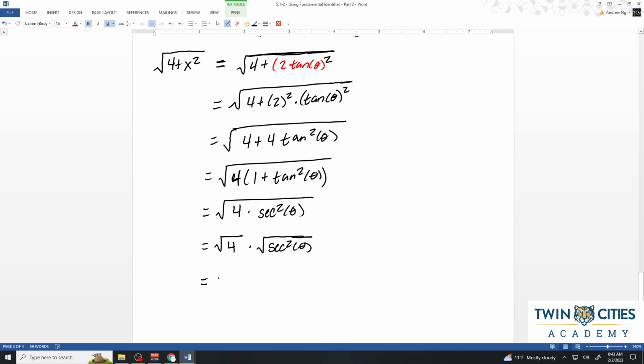The square root of 4 is 2, times the square root of something squared, which is just that something, so the square root of secant squared is secant. So when I started out, the square root of 4 plus the quantity 2 tangent of theta, that whole thing squared, after all this work, is the same as just saying 2 times secant of theta.